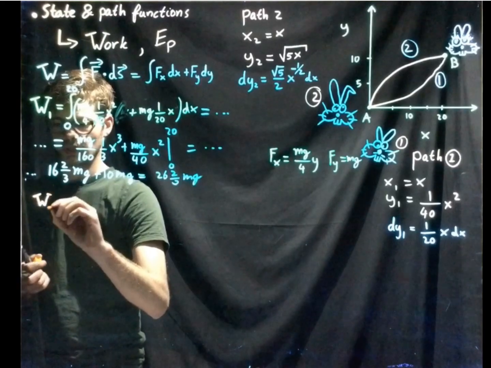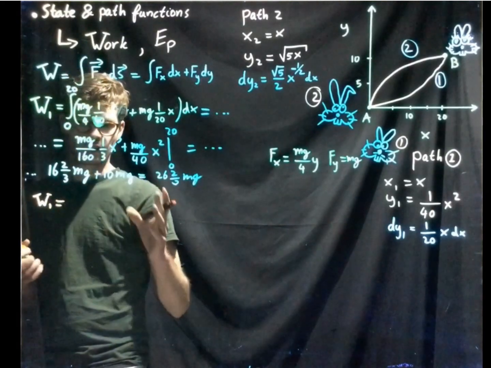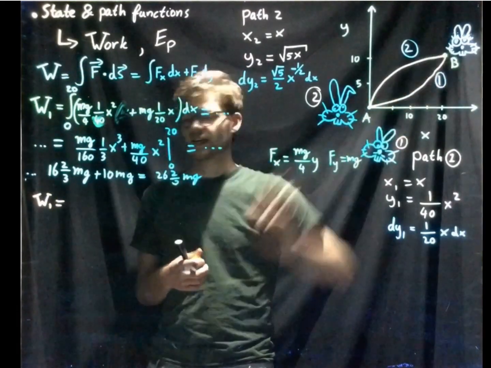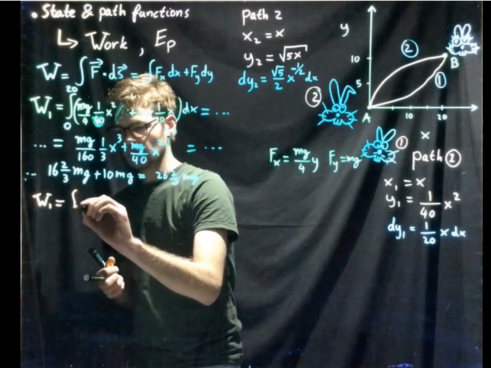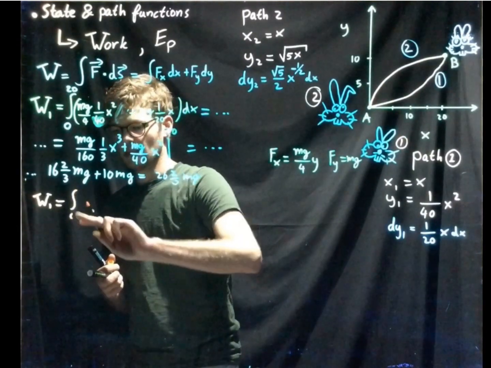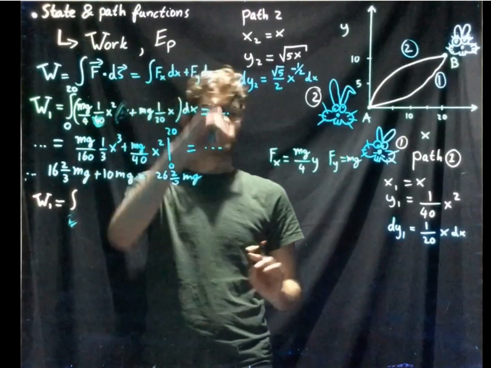So I know the work rabbit 1 has to apply to get over there. Let's continue with rabbit 2. I have to substitute the values again.